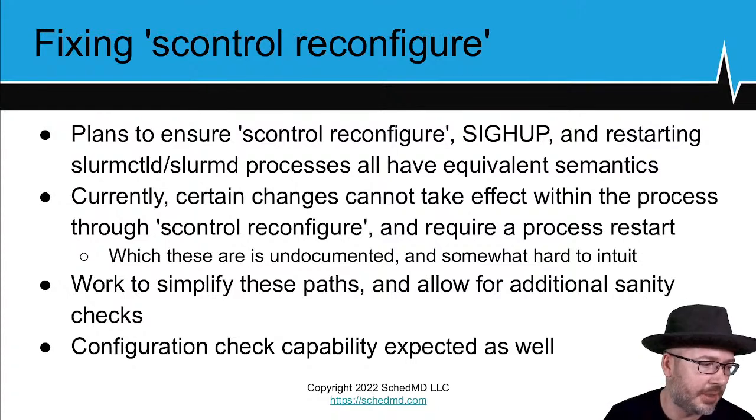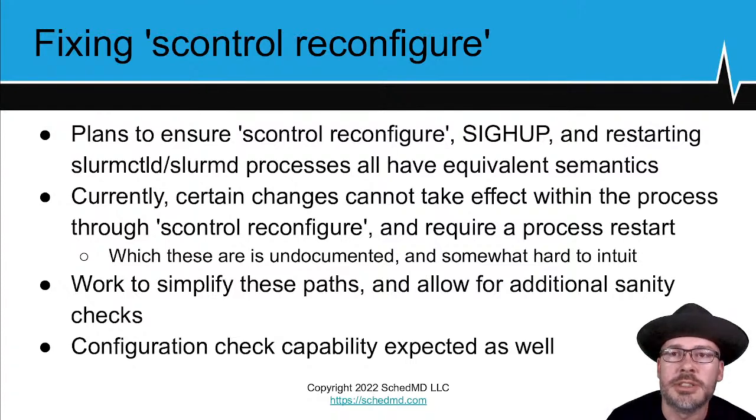Especially, this has been a very long-standing concern: the idea of fixing scontrol reconfigure, and making it SIGHUP and just restarting the various Slurm daemons all behave semantically the same. Right now, scontrol reconfigure can be used to do some limited configuration updates.